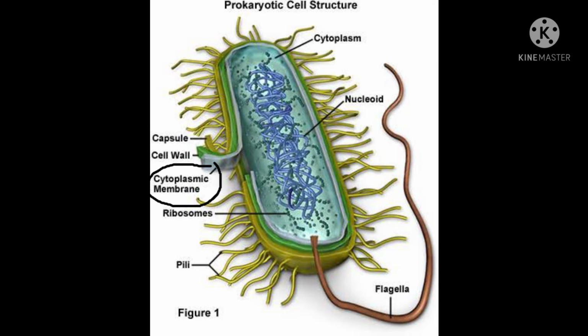Another is the cytoplasmic membrane. A layer of phospholipids and proteins called the cytoplasmic membrane encloses the interior of the bacterium, regulating the flow of materials in and out of the cell. This is the structural trait bacteria share with all other living cells, a barrier that allows them to selectively interact with their environment.